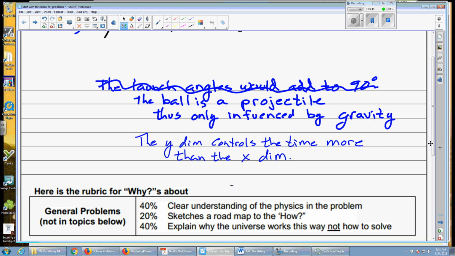Because I think the y dimension is going to be more restrictive time-wise, because it's changing. The x is just going out for as much time as we have.